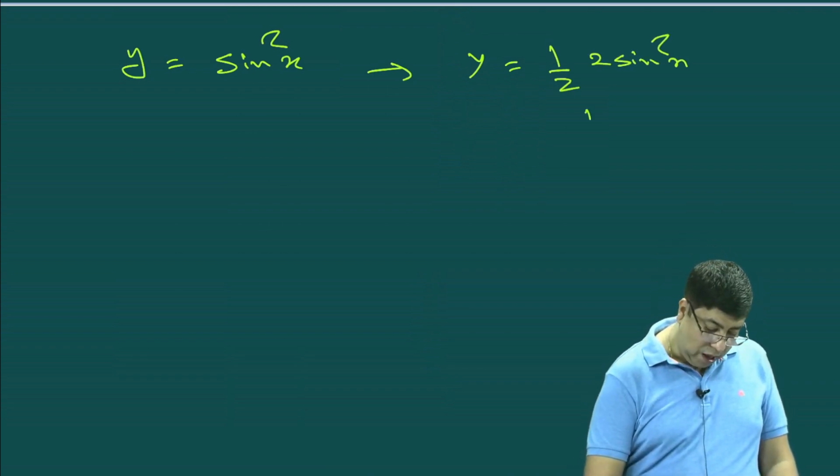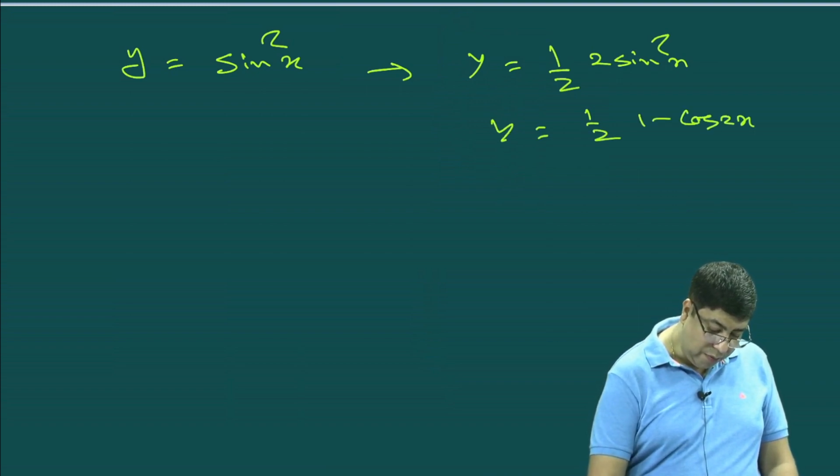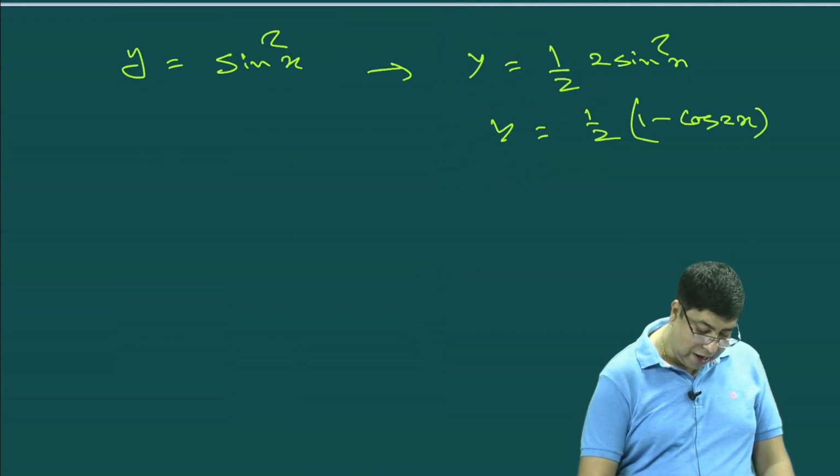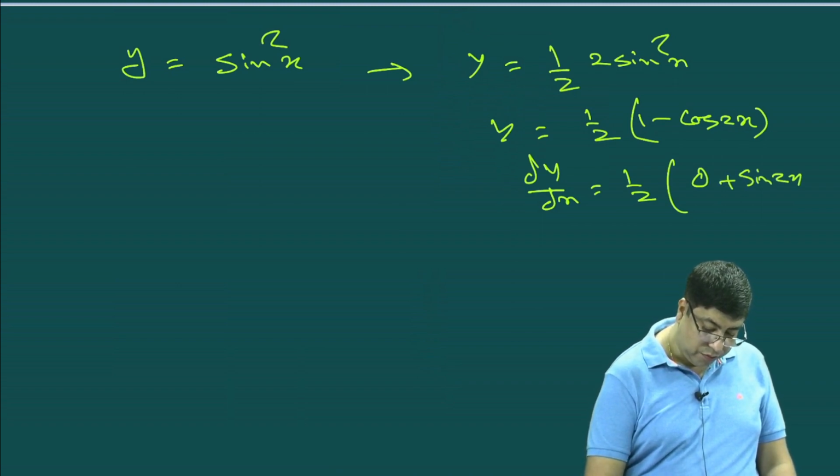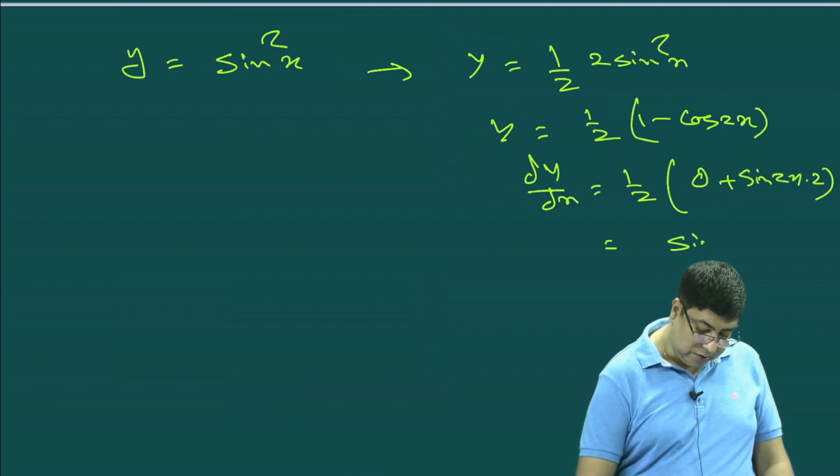So y equal to half into 1 minus cos 2x. This is a very popular and important formula for the multiple angle. So if we apply d dx, the derivative of half is 0, minus cos 2x gives sin 2x into 2 by 2. So the final answer is sin 2x.